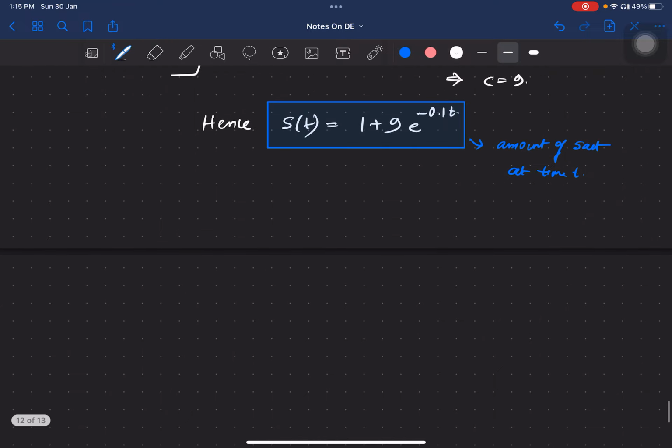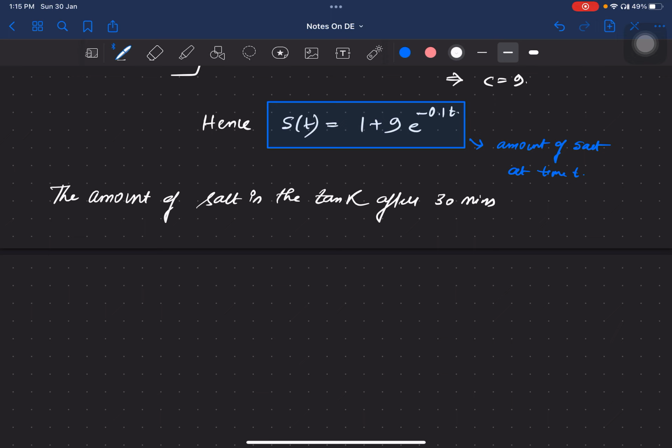But we have to find S(30), right? That is the amount of salt after 30 minutes. The amount of salt in the tank after 30 minutes is nothing but S(30) equal to 1 plus 9 e to the power minus 30 into 0.1, which is 3, right?